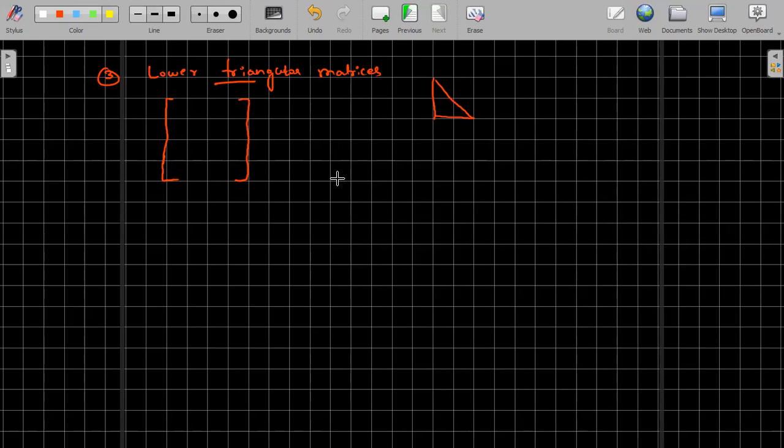In this, what they are saying exactly is that non-zero elements are placed below the leading diagonal.